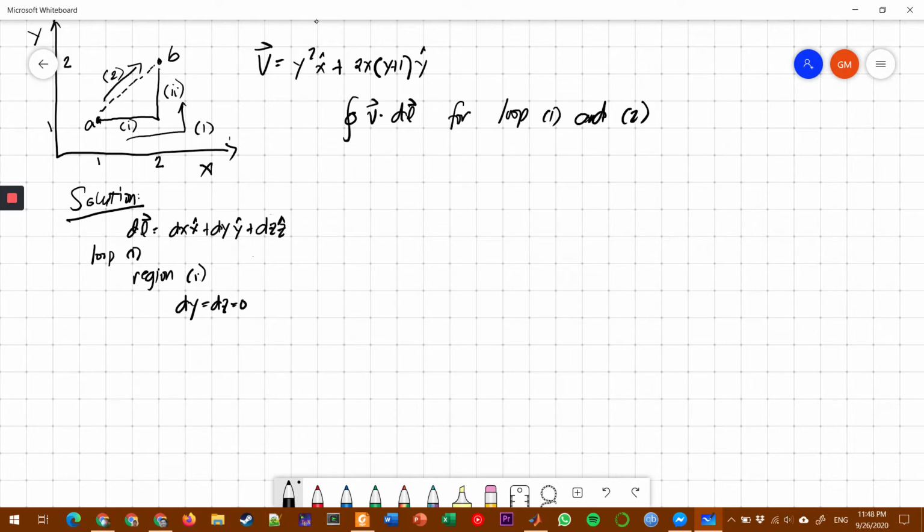For loop 1, the direction is along the x entirely, so there is no y and z component. However, it has a value of y equals 1, right? So your y is equal to 1. Its y is constant, right? This is just a straight line.